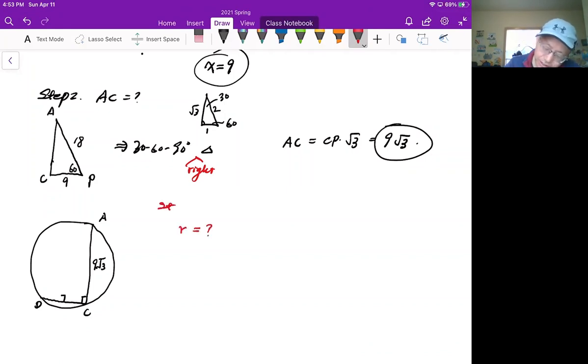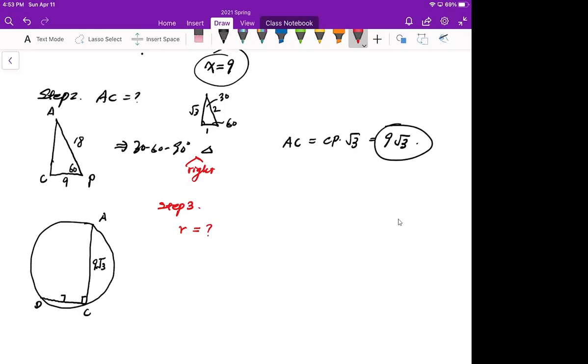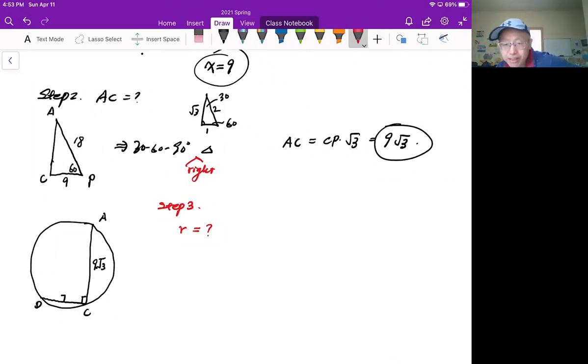So that is step 3. Okay, give everyone another 1 minute. It's a hard question. So let's think of that. Someone in the chat made a good suggestion.